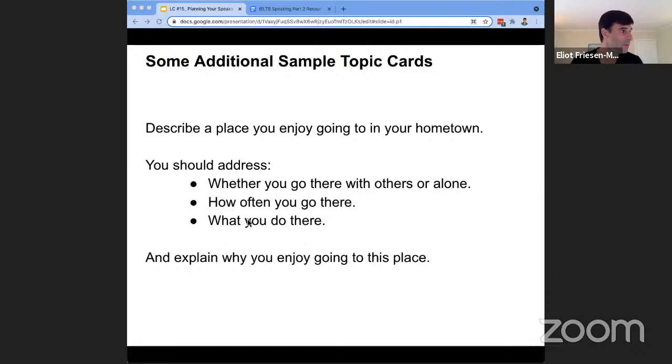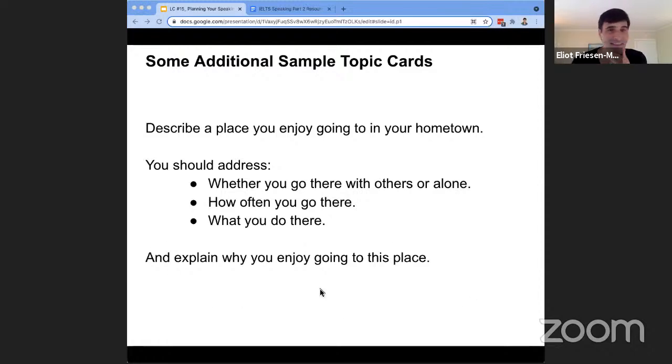But as we get further down, let's look at the third bullet point, what you do there. Here's where the answers are possibly going to ask you to provide a little more detail, or an example. We're going to look at that in some of these sample questions, that the questions tend to get a little more complex.